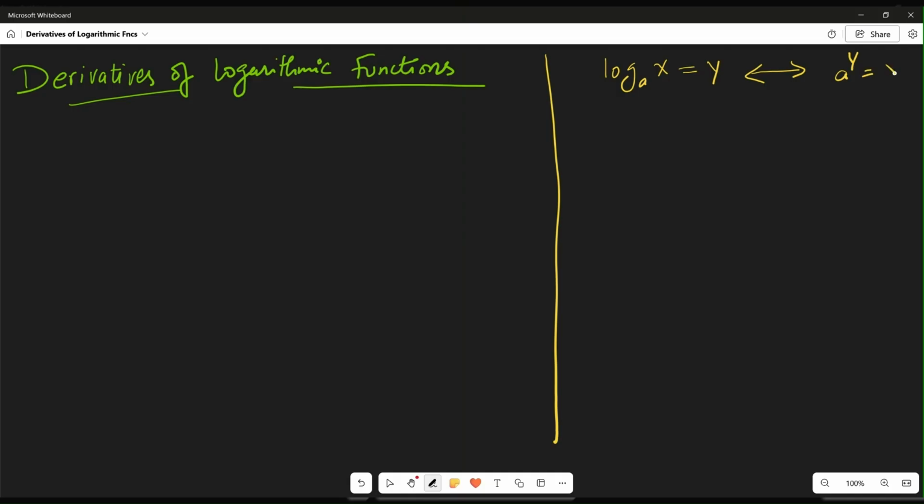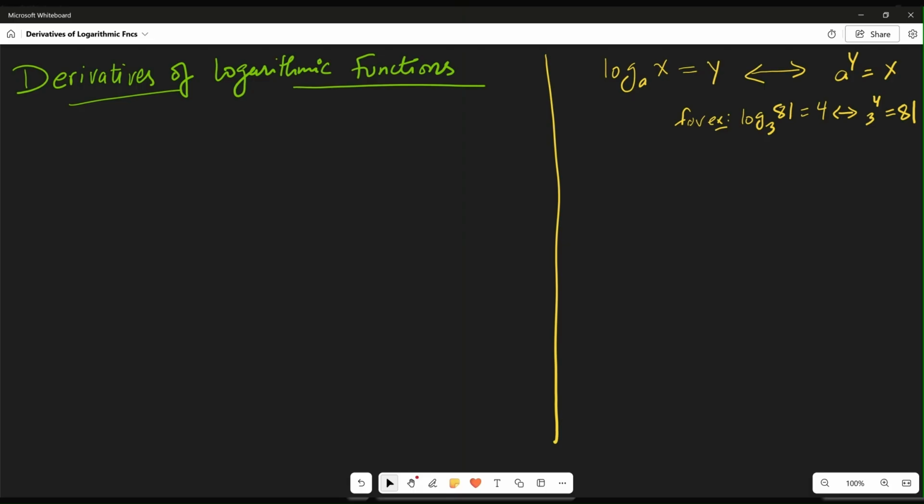For example, we have log base 3 of 81 is equal to 4, which merely means 3 multiplied 4 times is equal to 81. So this is what we mean by this log function.